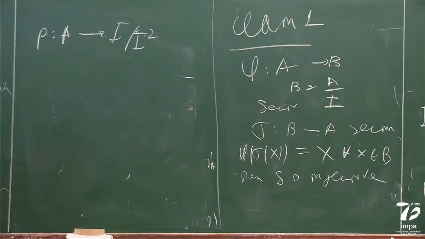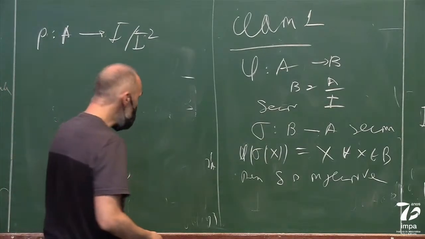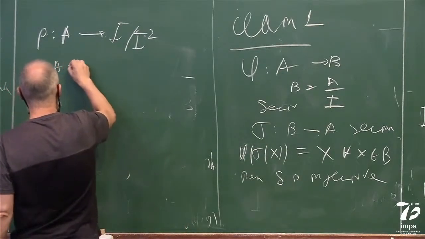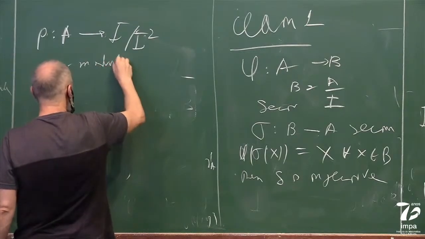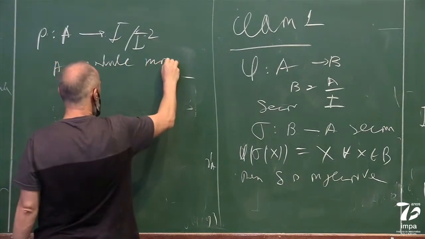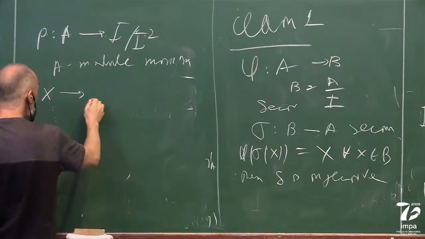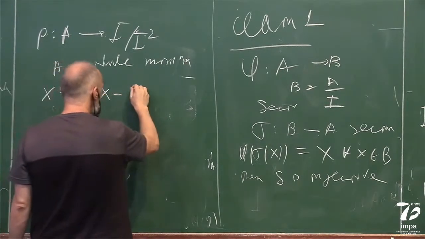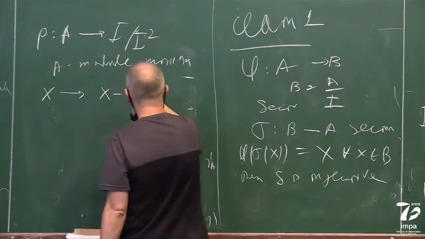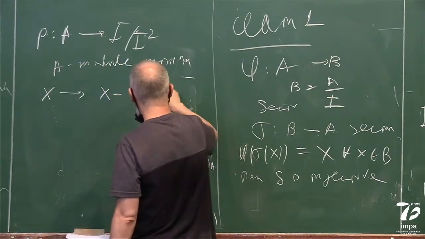This will be a homomorphism of A-modules, which takes x to x minus σ of φ of x.